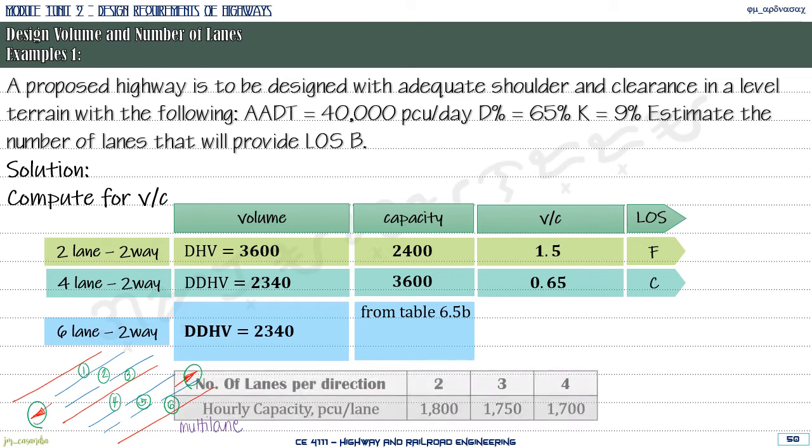from table 6.5. So from table 6.5, again, for a multi-lane highway, we will only be considering one section or one direction of our highway. So let's consider this direction.